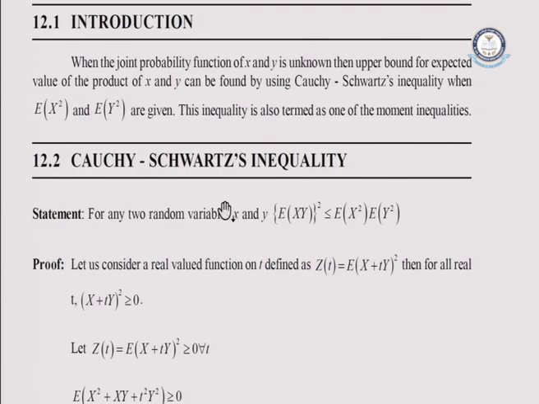The purpose of using this is when the joint probability function of x and y is unknown, then an upper bound for the expected value of the product of x and y can be found by using the Cauchy square inequality, when expected value of x square and expected value of y square are given.